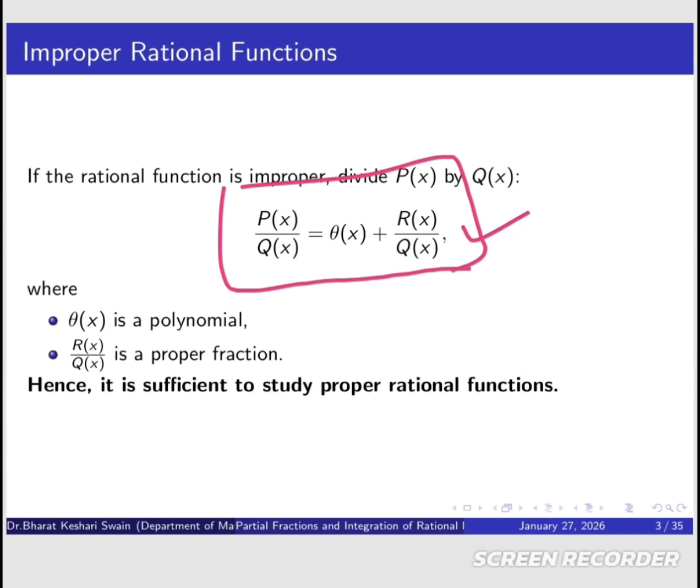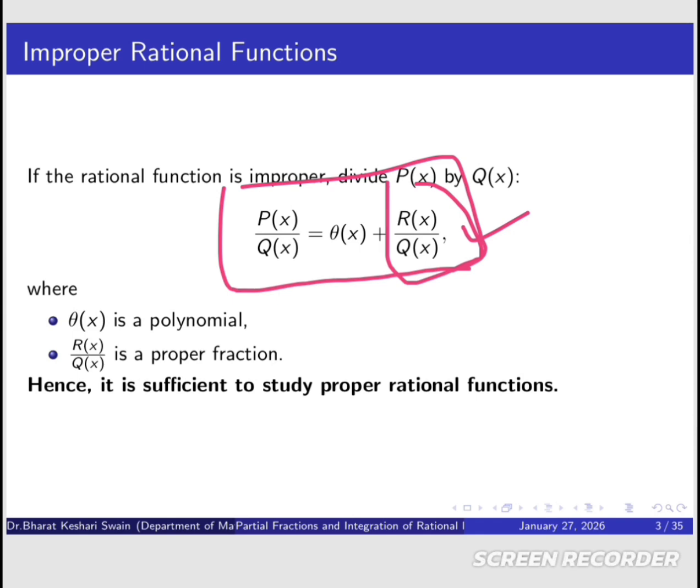Now in this case, r of x divided by q of x will be a proper fraction, because r of x is the remainder.